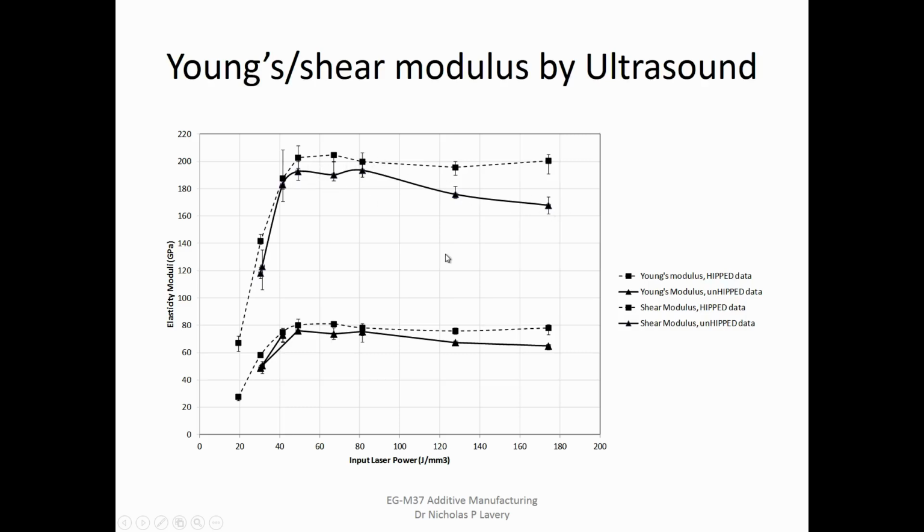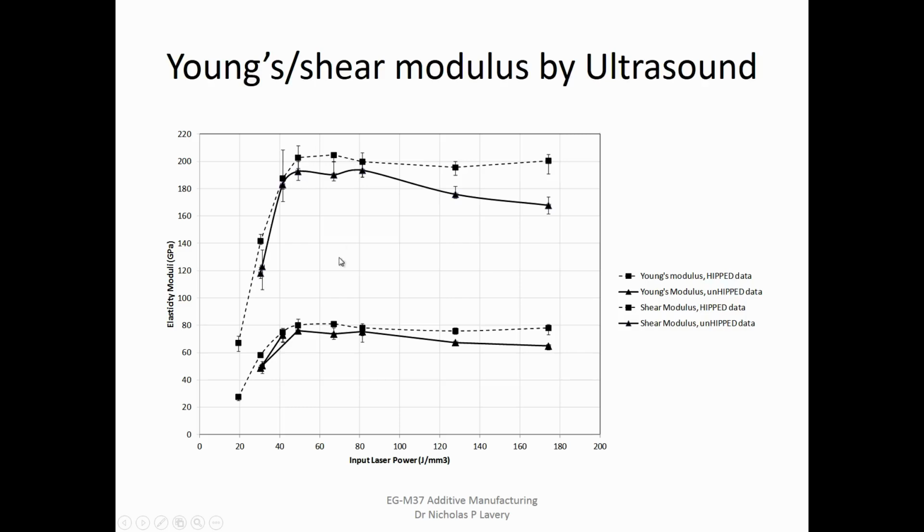The black lines represent the as-built material, and then we took the same material and we hipped it, hot isostatic pressed it. So we're getting rid of the porosity in there, so theoretically it's 100% dense. But what you can see is that even though we'd got rid of the porosity through hot isostatic pressing it, as measured by ultrasound there's still a reduction from what it should be over the theoretical 200 GPa.